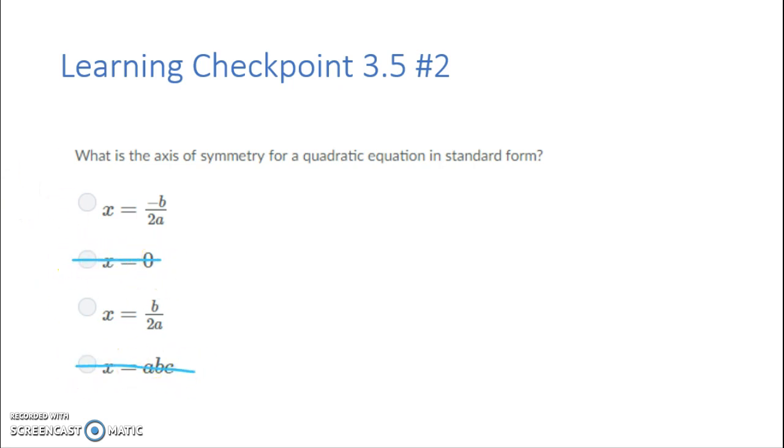It's either negative b over 2 times a or positive b over 2 times a. So if you need to flip back and look and see if you remember which piece sounds more like it's part of your quadratic formula, I've narrowed it down for you between these two pieces, and only one of them will work for your axis of symmetry. If you keep watching, though, the next problem might give it away.